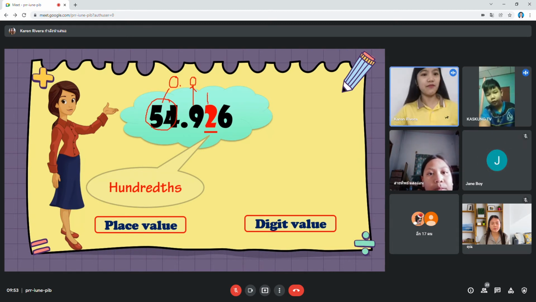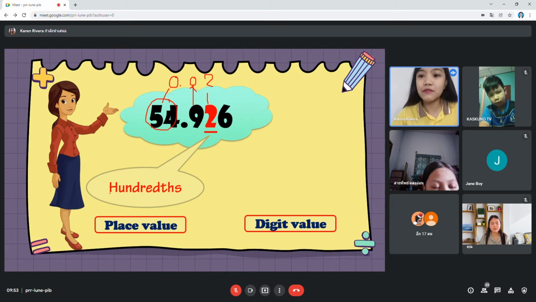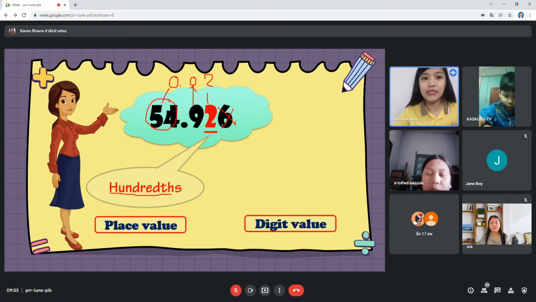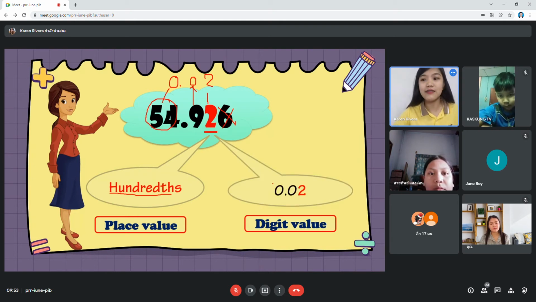Do we need to change it? No, 2. How about 6? If the place value is hundreds, you don't need to write number 6, and you don't need to change it to 0. We can write the digit value as 0.02. So how will you read it?